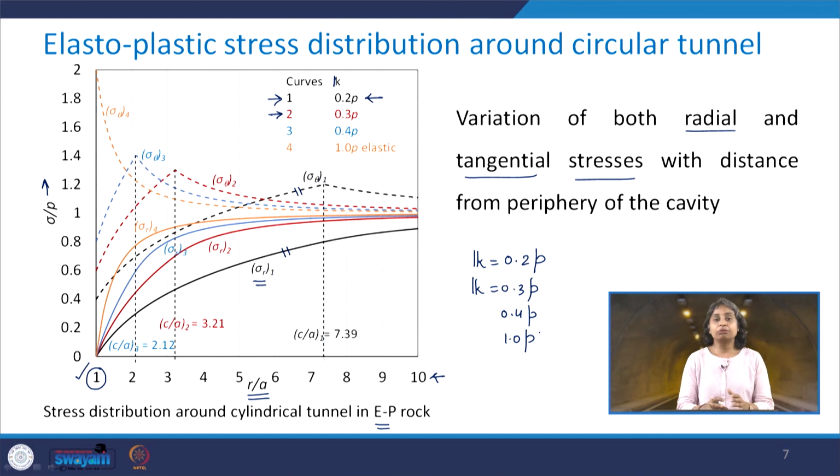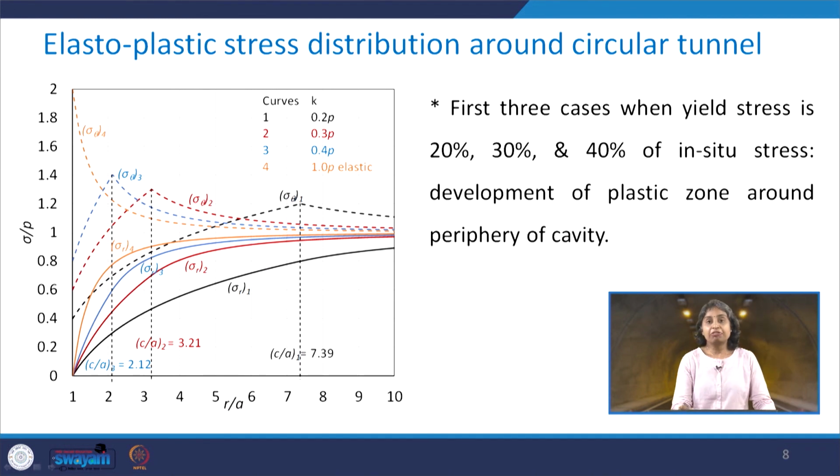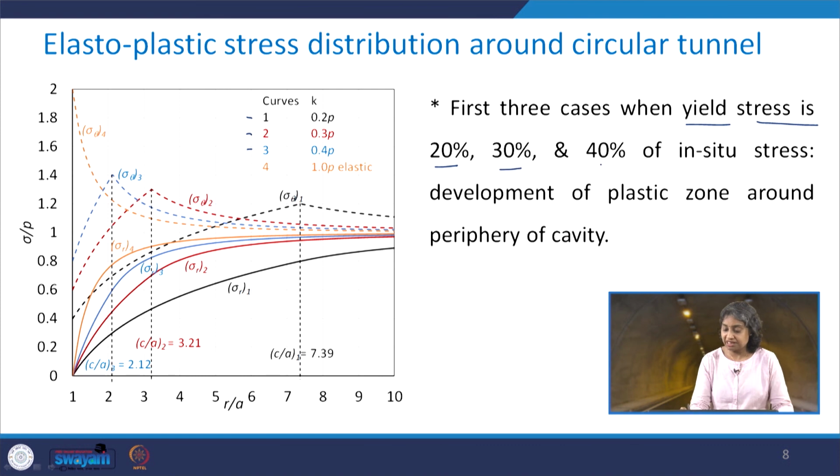Let us try to discuss these cases one by one in detail. The first three cases, 1, 2 and 3, correspond to when the yield stress is 20%, 30% and 40% of the in situ stress respectively. In all three cases, there is going to be development of a plastic zone around the periphery of the cavity.